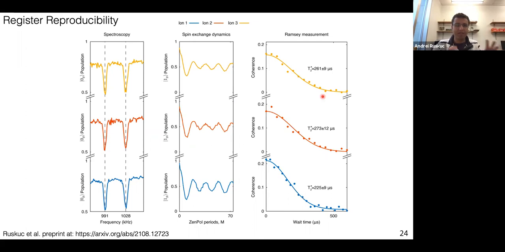I just want to emphasize that in all of these cases, the aspects of the sequence related to the vanadium ion control are actually identical. And in all of these, we observe identical transition frequencies for the vanadium, pretty much identical spin exchange oscillations, and very similar coherence times. It really demonstrates the deterministic nature of this register, which is kind of a critical demonstration for the scalability of this system.